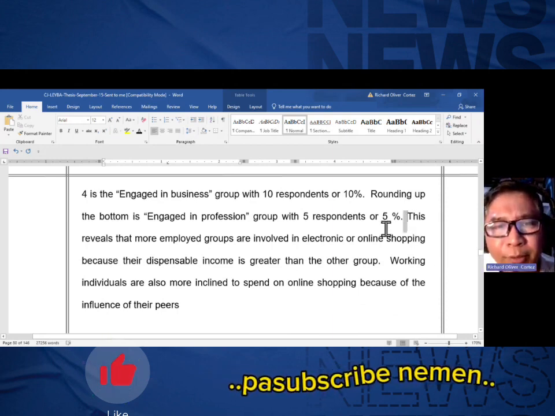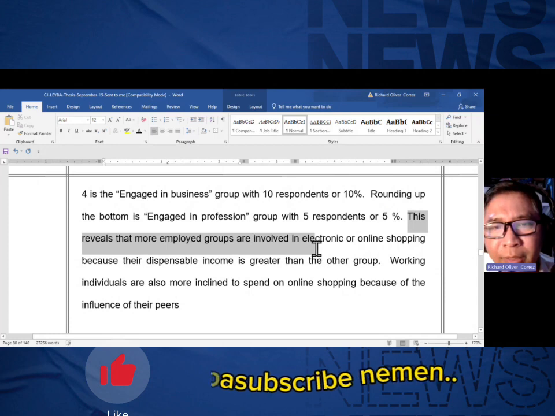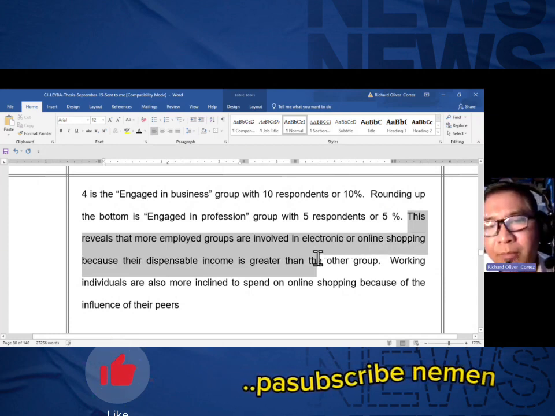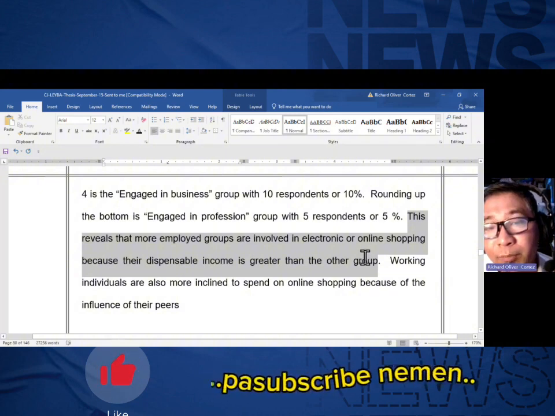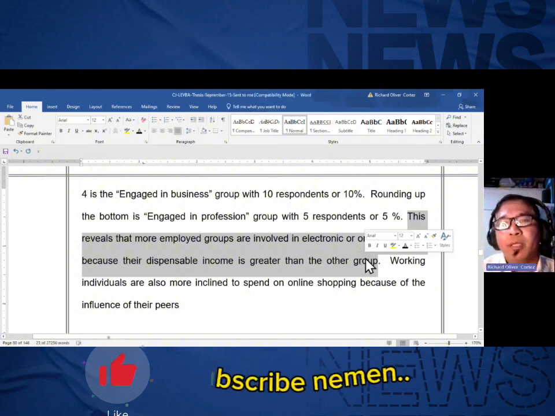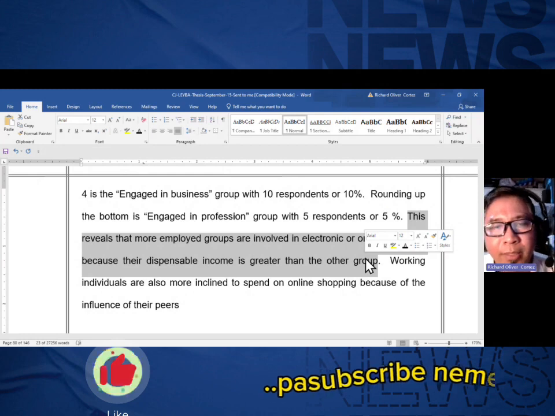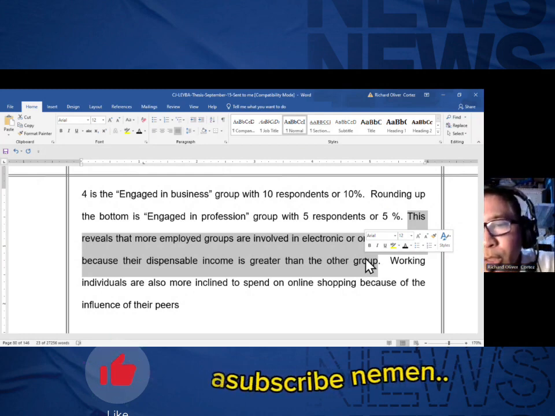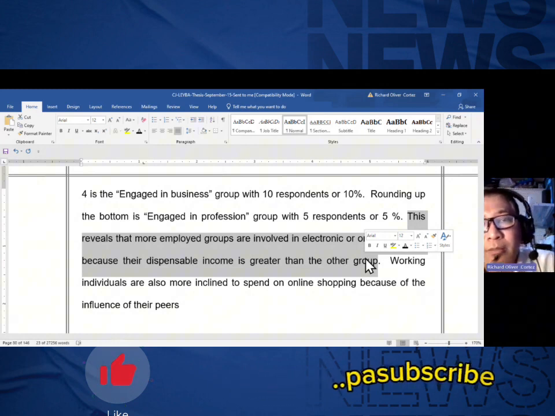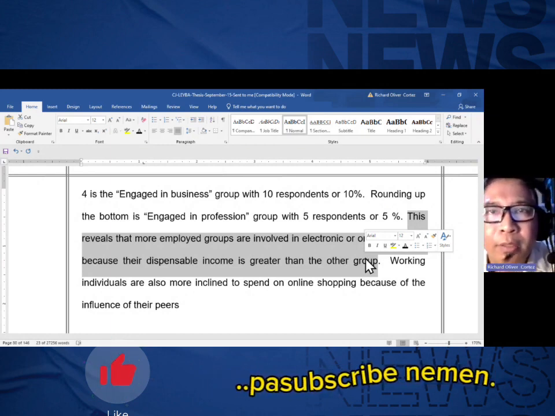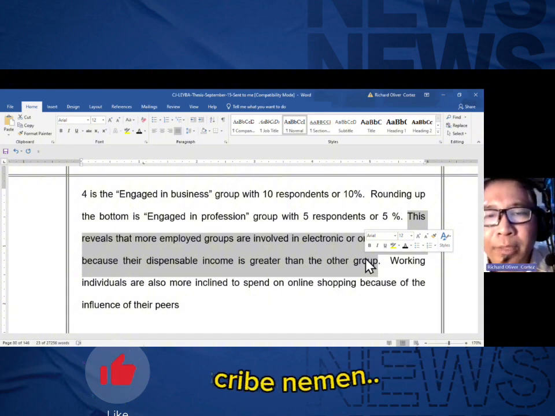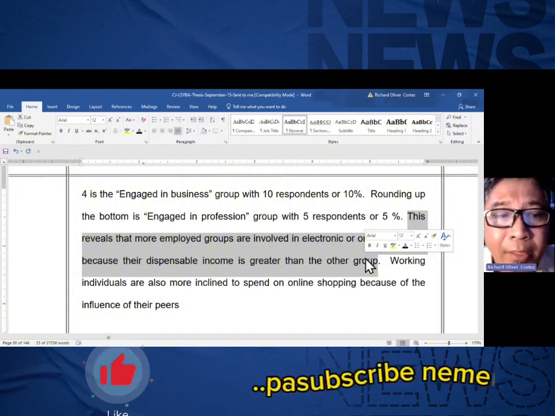This reveals that more employed groups are involved in electronic or online shopping because their dispensable income is greater than the other groups. So it means more employed people are in online shopping because they have the income to use in shopping. Of course, if you are employed, you have greater purchasing power, and you can be involved in online shopping, electronic shopping.